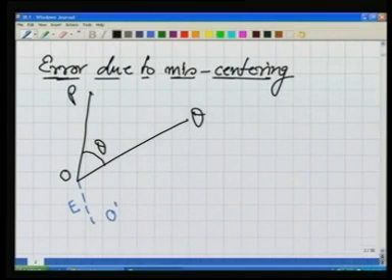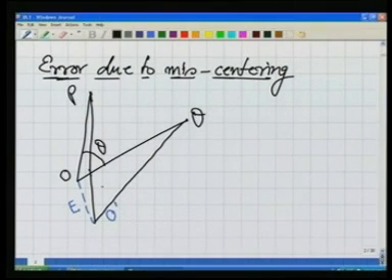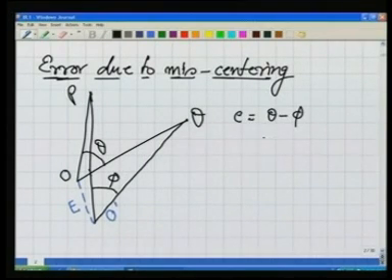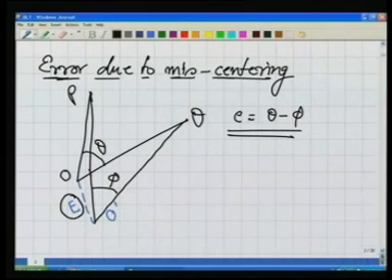Now because of this, instead of taking OP and OQ as the line of sight, we will be taking O dash P and O dash Q as the lines of sight. So instead of measuring theta, we are measuring phi. So this error E in angle, due to theta minus phi, due to this miscentering, is the error introduced in our angle.